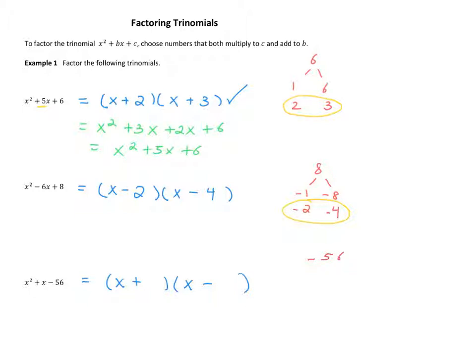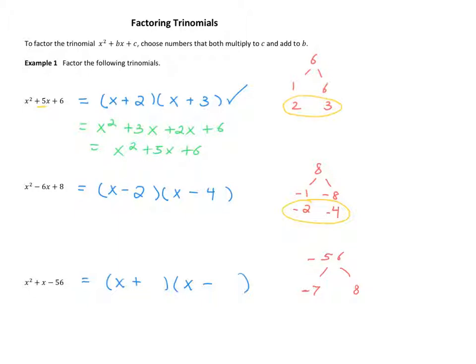Okay, we can list out all the factors, unless you can just think of some that come to mind. Okay, I want it to add to a positive 1. So 8 and 7 multiply to 56. I'll put 7 and 8. And one of those has got to be positive and one has got to be negative.